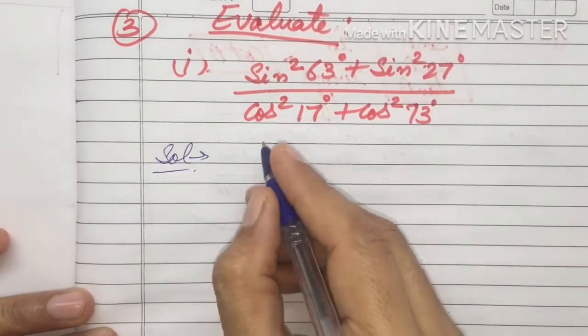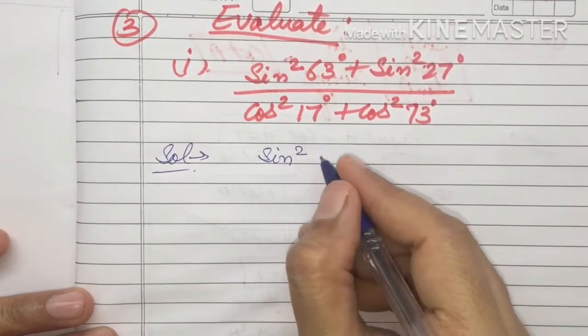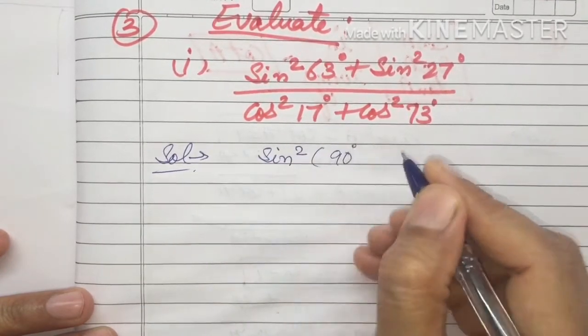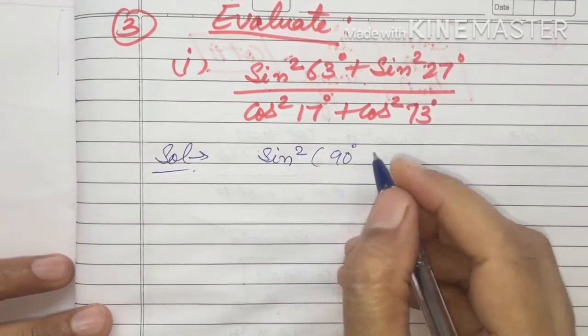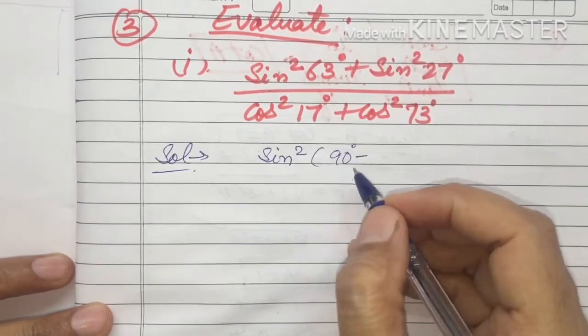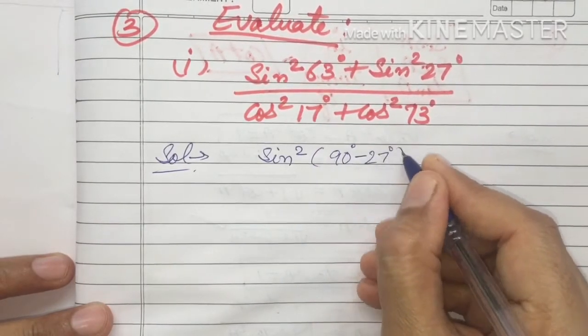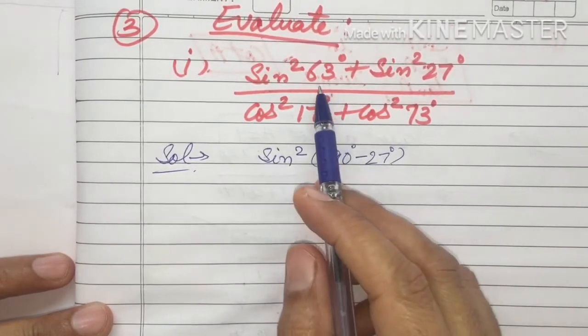So what we will do, we can write down sine square of 90 degree minus 27 degree. We will use the complementary angle property here. How do we get 63? When I minus 27 degree from 90, I will get 63.